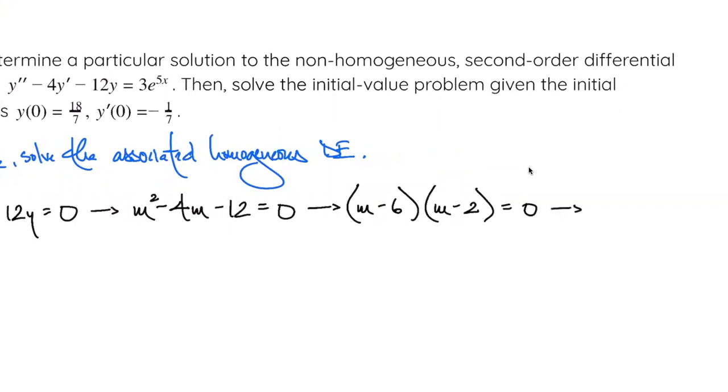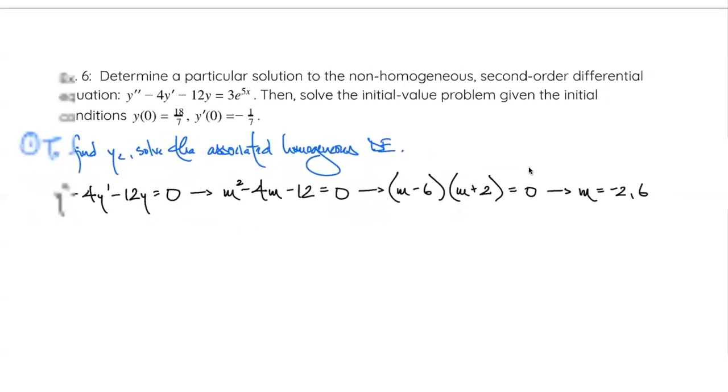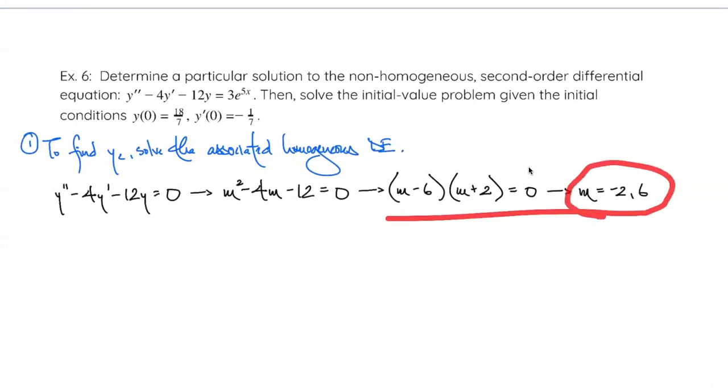And so we notice here that m equals negative 2 and positive 6. So you see homogeneous constant coefficients, you think characteristic equation, and you think factor, and let's see what kind of roots we get. Now we have 2 real and distinct roots.